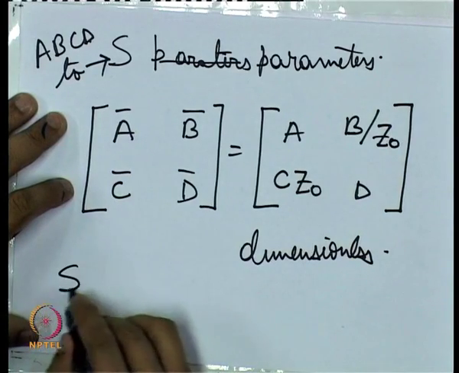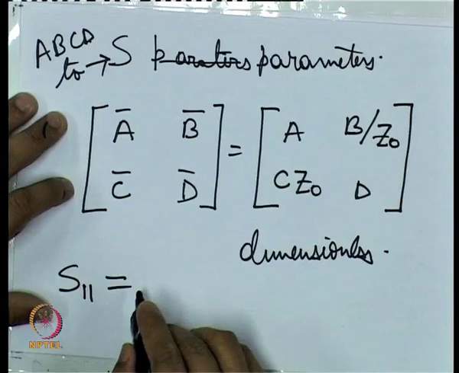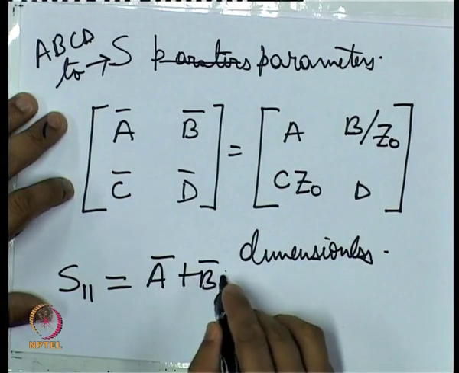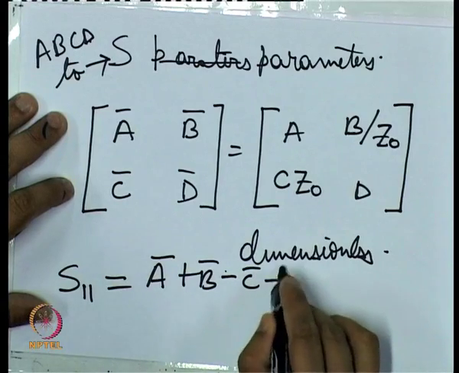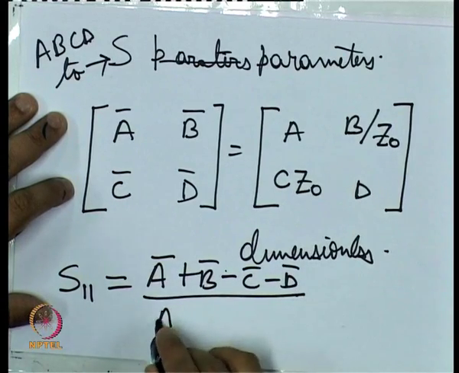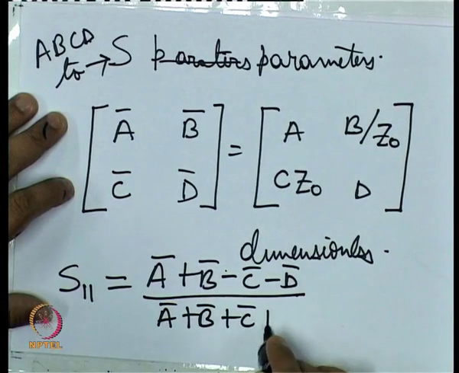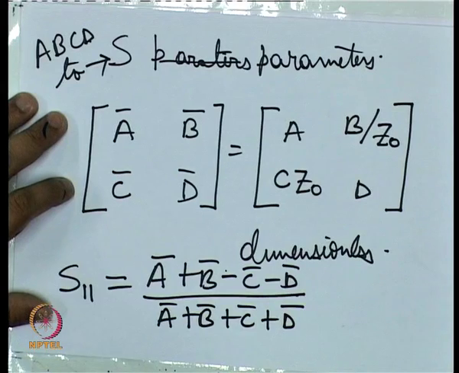Now proceeding this way, we have S11 for a network given by this. I will just give one parameter conversion and you can find out the others.